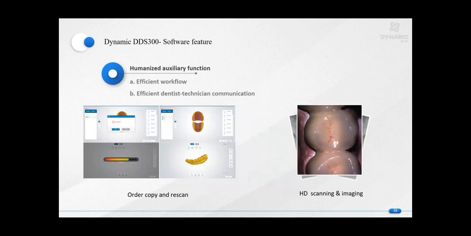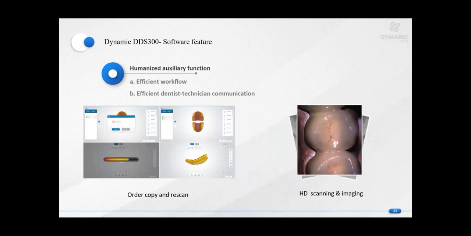For example, after receiving the model data, laboratory technicians may not be able to find the correct shoulder, resulting in some problem with the finished product. In this condition, we can use the high digital imaging function to take a picture around the shoulder and send it to the laboratory technicians as a reference for comparison for design and production.